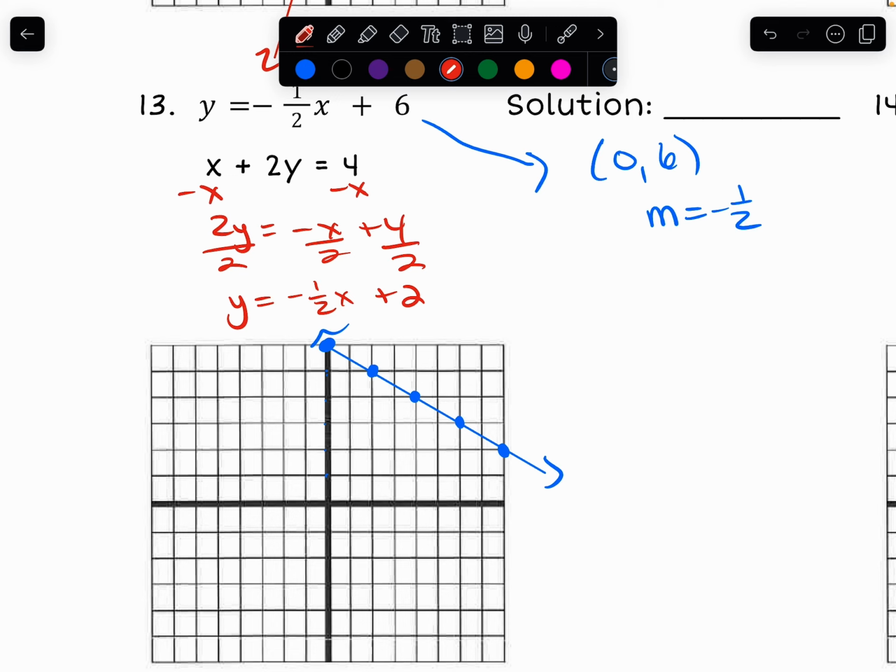I did. Oh, look at that. Same slope, different y-intercept. They are parallel lines. This time they are actually parallel lines, so this would be no solution.